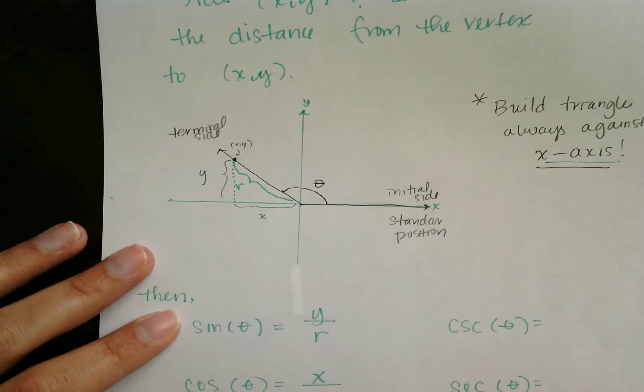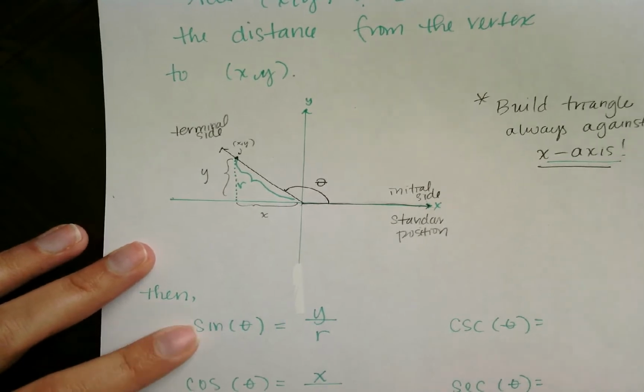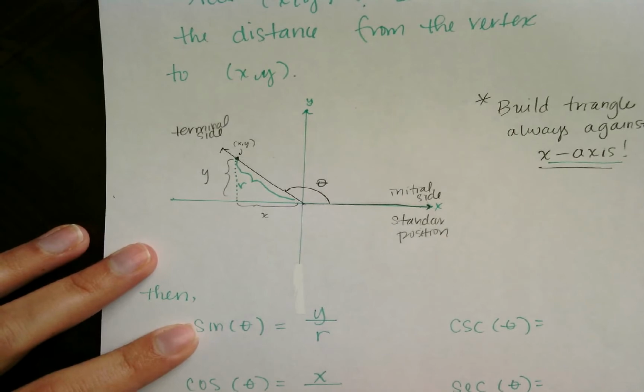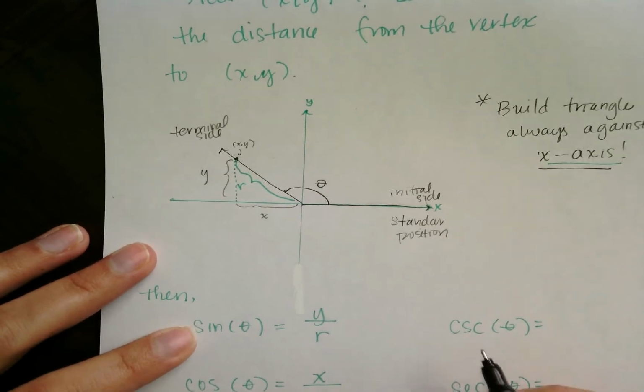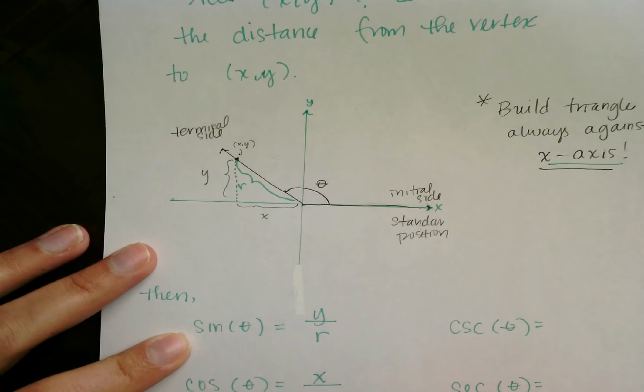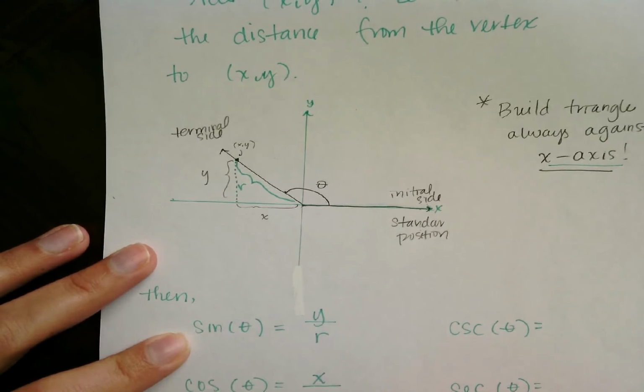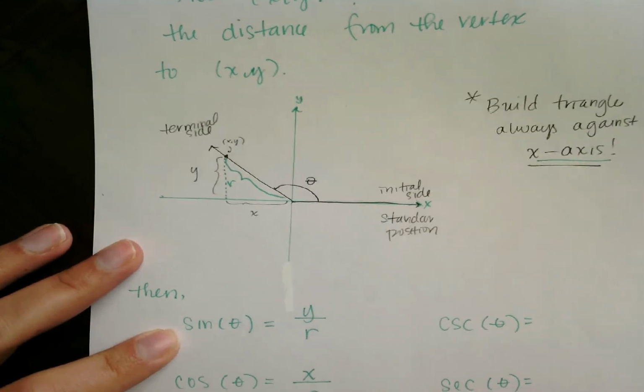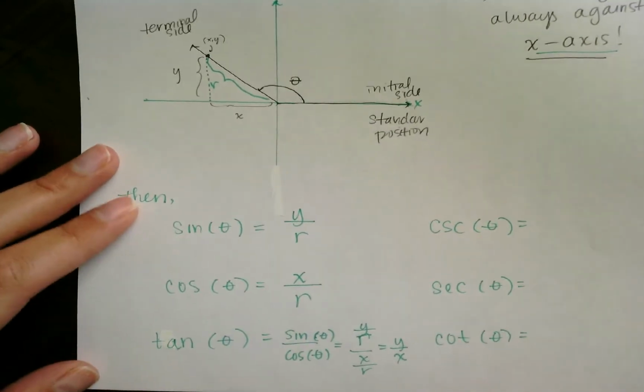Tangent is still sine over cosine, so it's y over r over x over r, multiplied by the slope. It's still going to be y over x. So nothing has changed there.